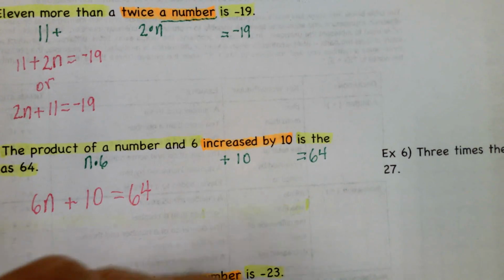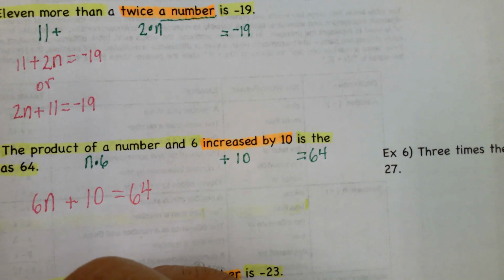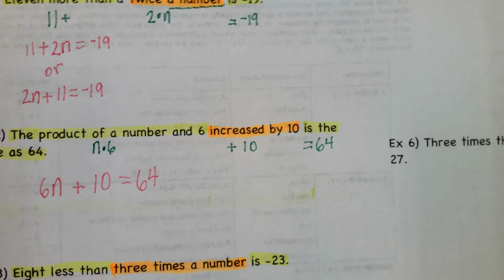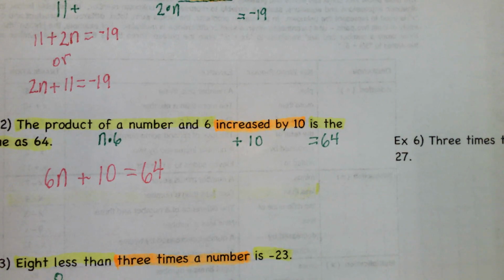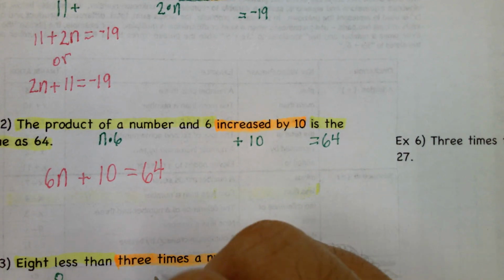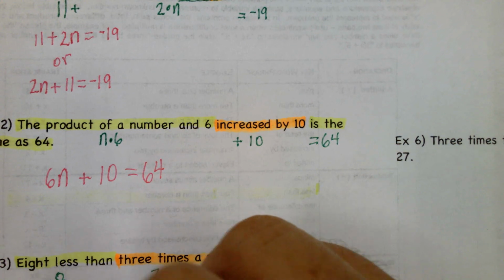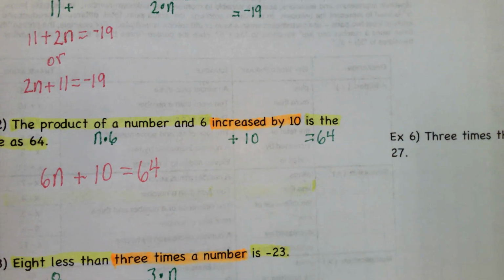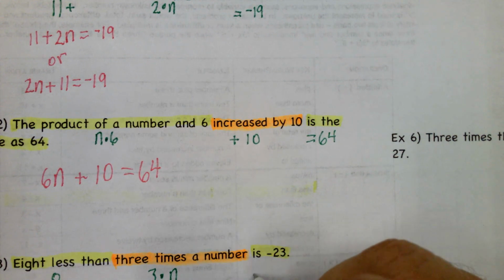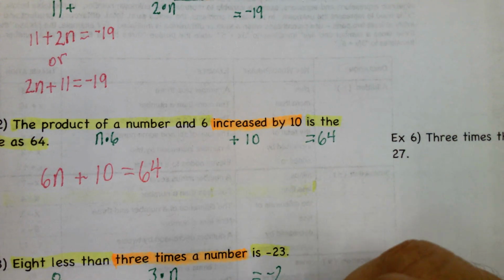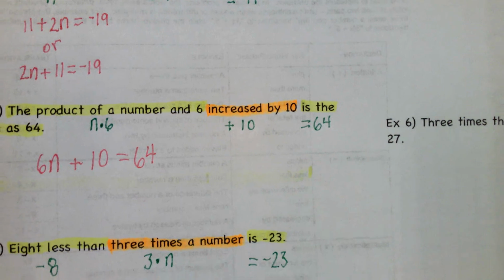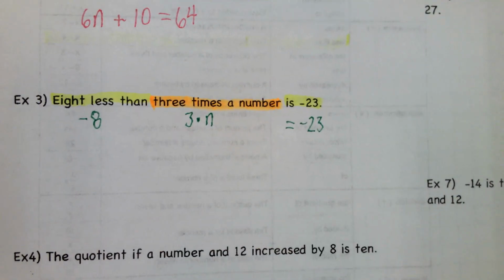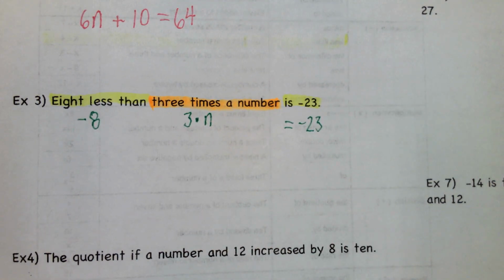So over here, this means minus 8 or negative 8. 3 times the number, that would be 3 times n. And then is negative 23 equals negative 23. Okay, so we have that.